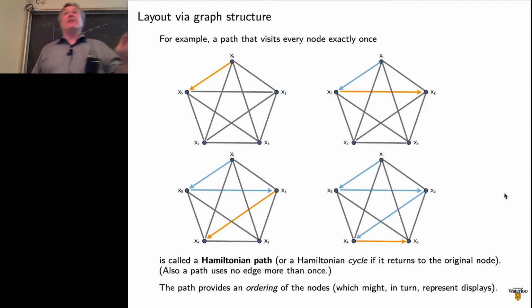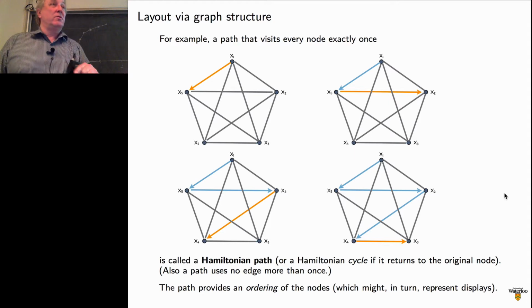If that path touches every node, it's called Hamiltonian, after this Irishman Hamilton, who's talking about taking a walk. In fact, they still annually in Dublin will have the Hamiltonian walk, where you can walk around bridges across the river to see if you can get it to across every bridge. So that provides an ordering.